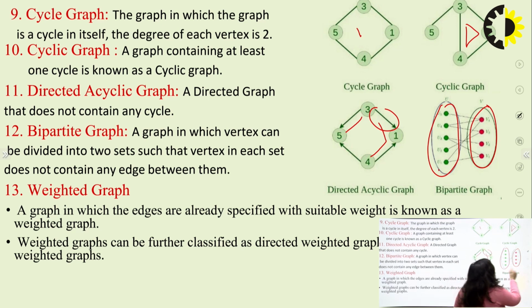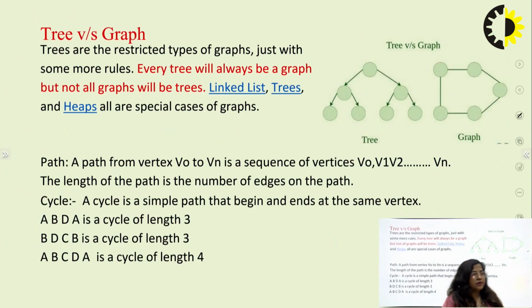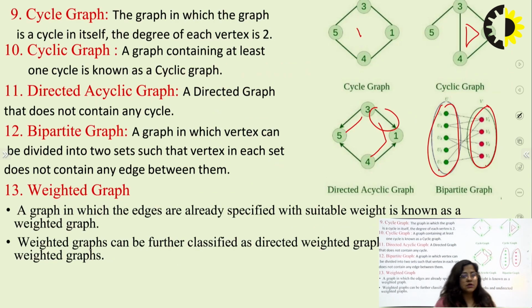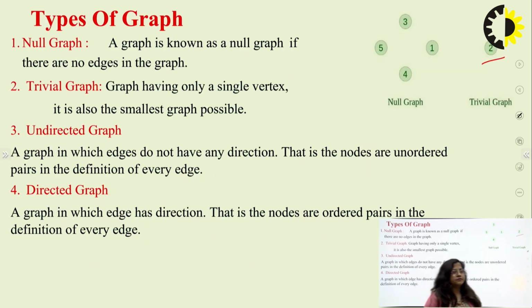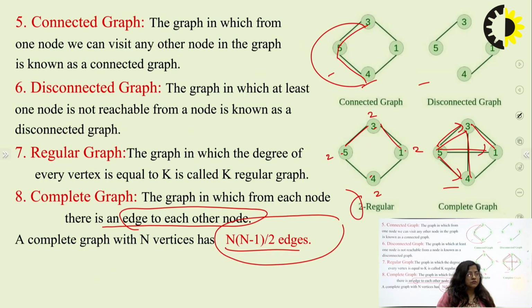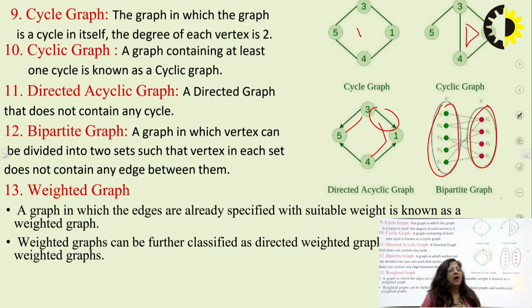Here all the vertices are in two different sets, and they are connected from one set to the other set. Got it? Next is the weighted graph, which we also discussed in my previous diagram. A graph in which the edges are assigned suitable weights is called a weighted graph.